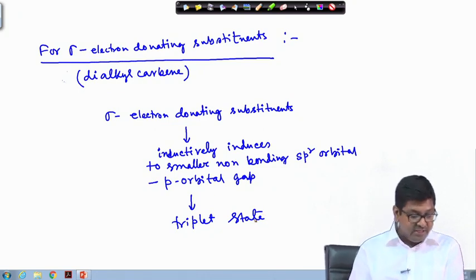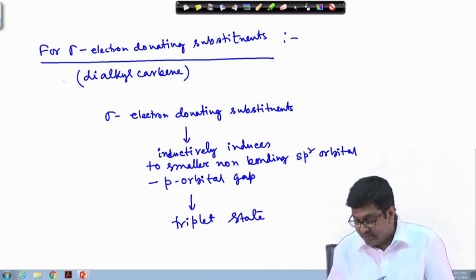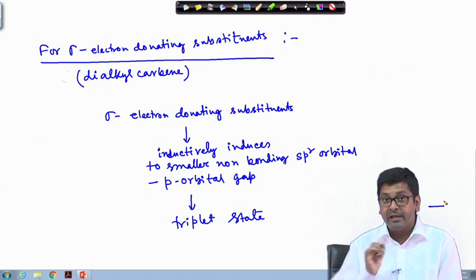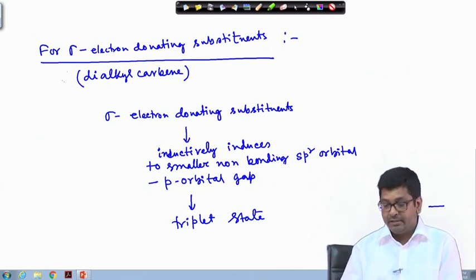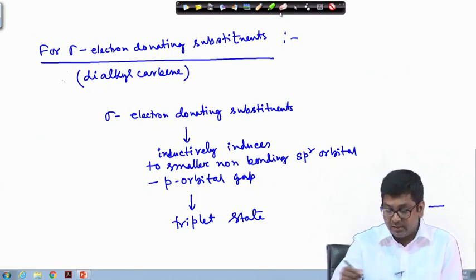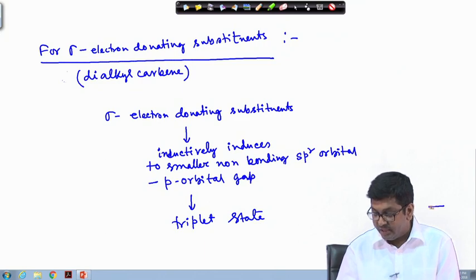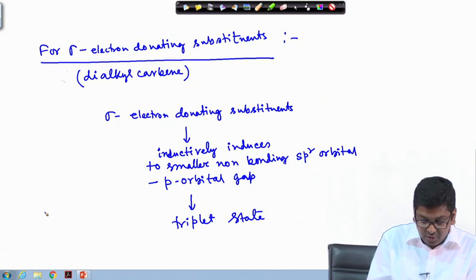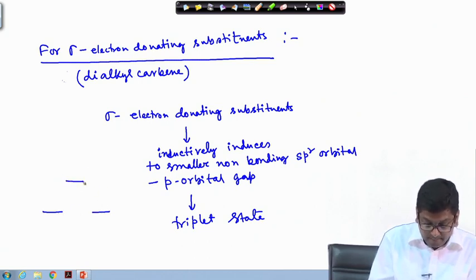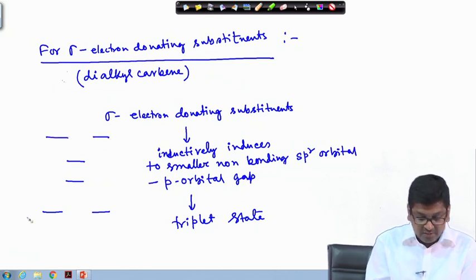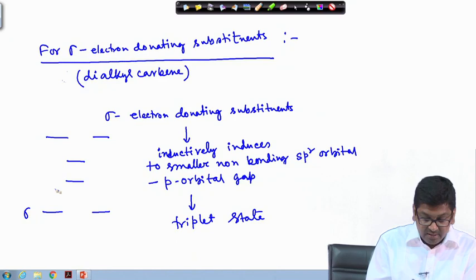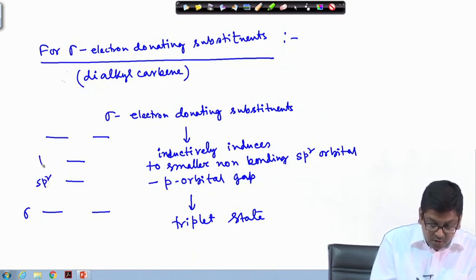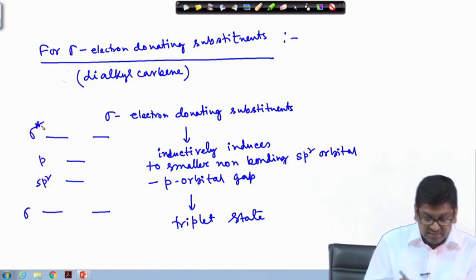If you remember, in my last class I showed how this can be shown in electronic configurations, let us say like this. For this bonding we have the sigma, then sp2, then p, and then sigma star.